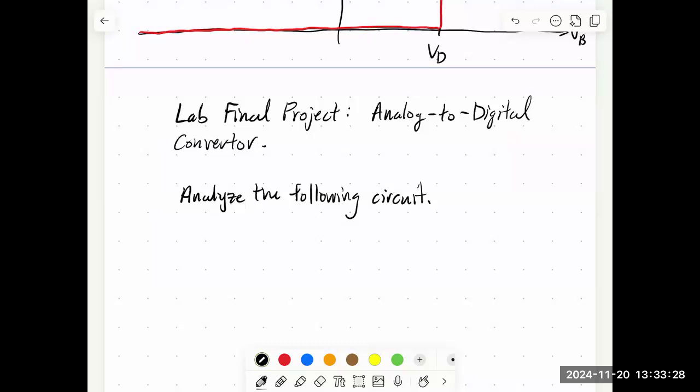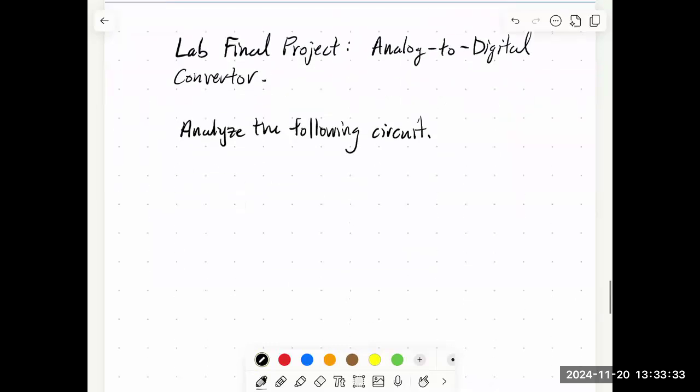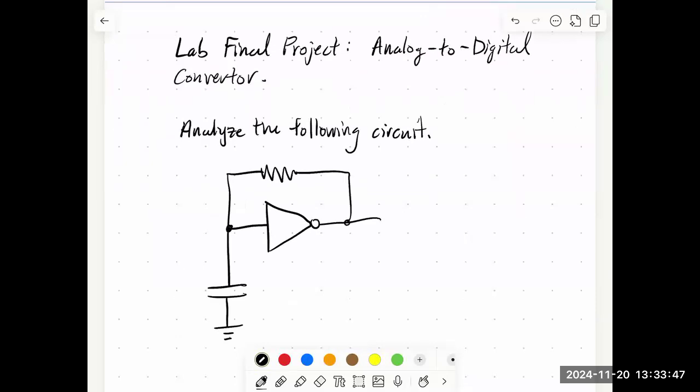You can do it quantitatively, and I encourage you to do it, but we're just going to try to understand how they work. So we're going to have an inverter and a capacitor to ground, and then a resistor from the input to the output. I'll call this R. Let's call this V out, and we'll call this V in.